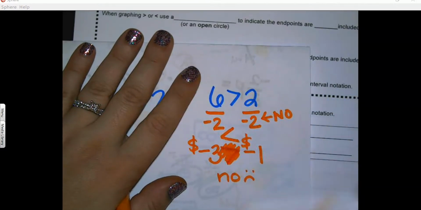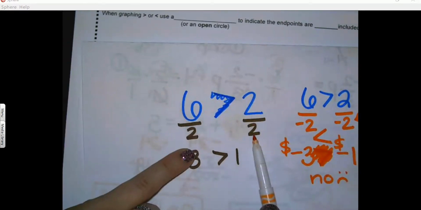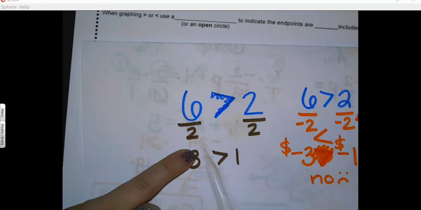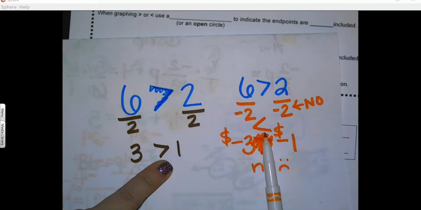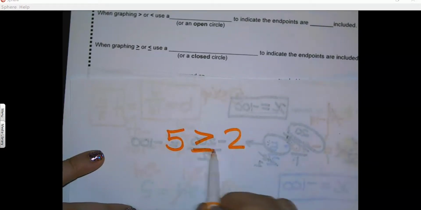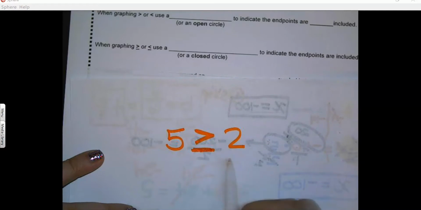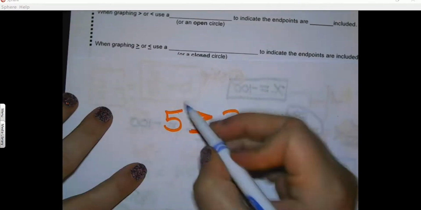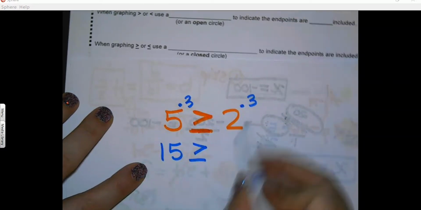Now you could try this with adding and subtracting. This is dividing. You could try it with multiplying. It's a-okay to divide by a positive and not flip the sign, but it is not okay to divide by a negative unless you flip the sign. It's going to be the same thing. Let's say I have 5 is greater than or equal to 2. This line right here means or equal to. So 5 is greater or equal to 2. This is true. If I multiply both sides by 3, it's a-okay. 15 is greater than or equal to 6.